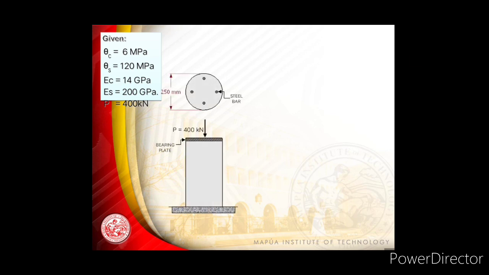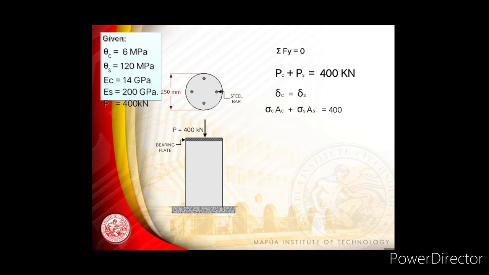The figure is shown below. Applying summation of vertical forces, you know that the force of the concrete plus the force of the steel is 400 kilonewtons, and the deformation of concrete is equivalent to the deformation of the steel. They will both deform together and they are equal.